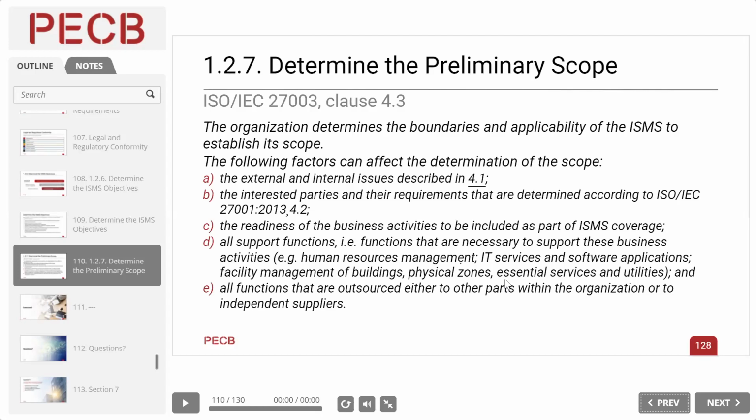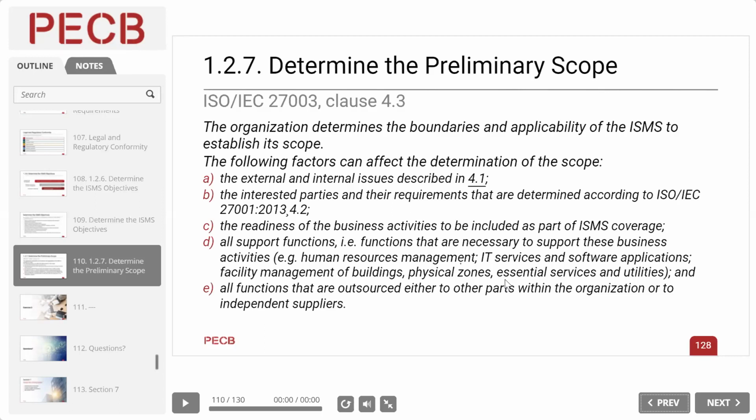If you are a one-location organization, then it is less arduous. But if you are multi-location, you might want to limit the scope for the initial audit, the initial certification, and then gradually include the other areas in every succeeding year.